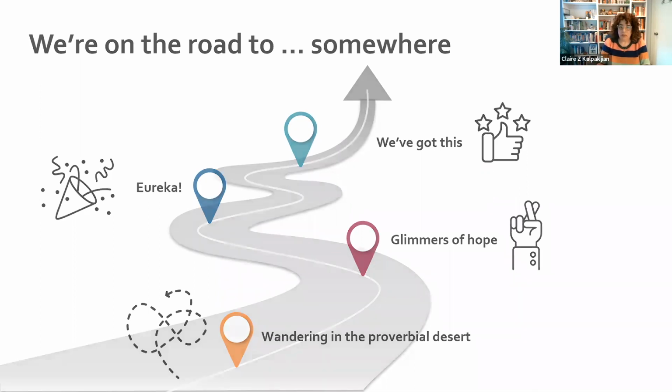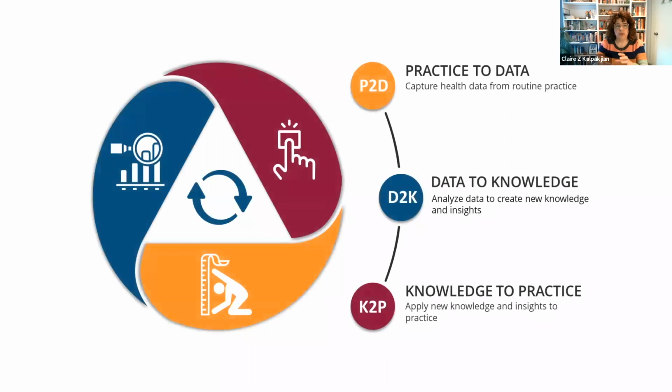So when we began this work, we really anchored our thinking in this learning cycle. And this is from Charles Friedman, who is here at the University of Michigan and is the chair of the Learning Health Sciences Department, which is the first in the nation. The basic idea of this learning cycle is that you begin with understanding practice and creating data from practice.